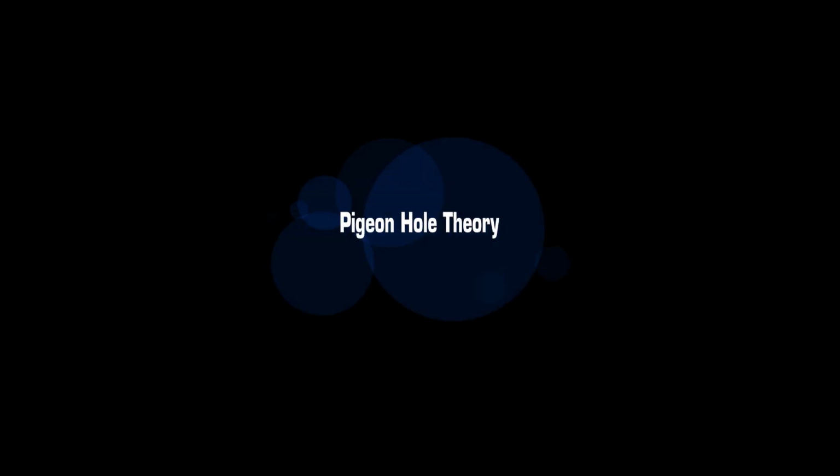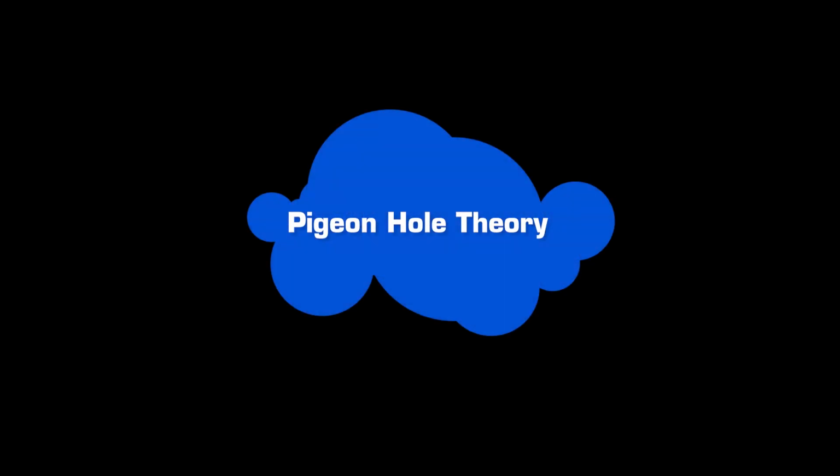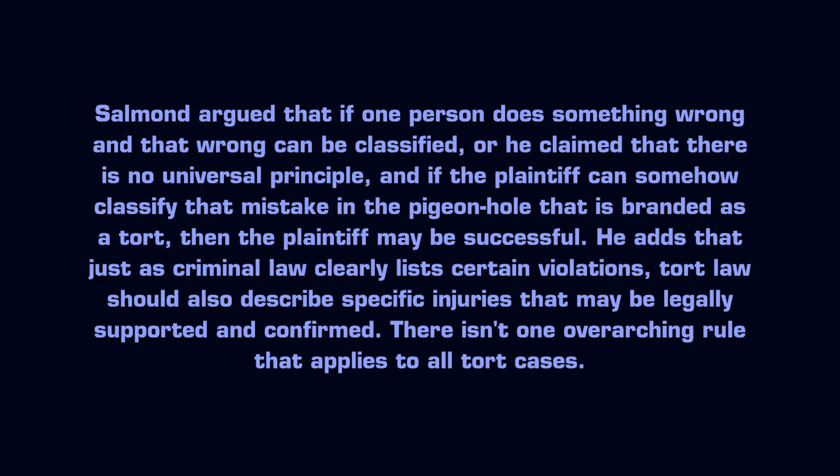Now, coming to another theory, which is the pigeonhole theory, or Salmond's theory of the law of torts. Salmond argued that if one person does something wrong, and that wrong can be classified, or he claimed that there is no universal principle, and if the plaintiff can somehow classify that mistake in the pigeonhole that is branded as a tort, then the plaintiff may be successful.